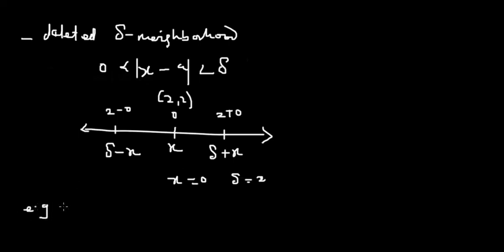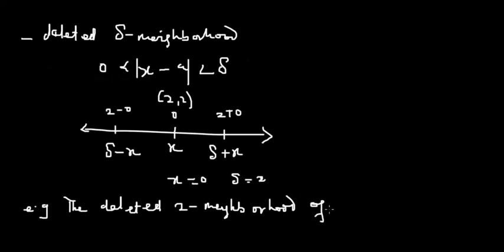In case you have any question like this, we have maybe a deleted delta neighborhood of 0, is the interval minus 2, okay, and then we've been given the same expression in the form of truth set.